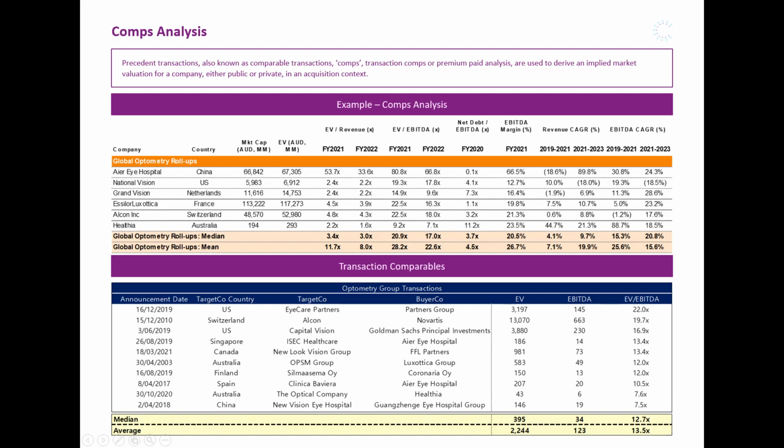The reason is there's often a premium in publicly traded companies versus transactions, because companies which are trading at, say, 20 times on the public market will be incentivized to buy companies for, say, 10 to 15 times, because it actually increases the value to all shareholders.